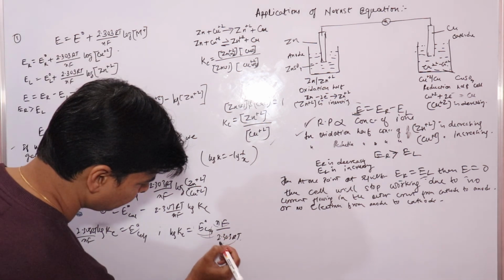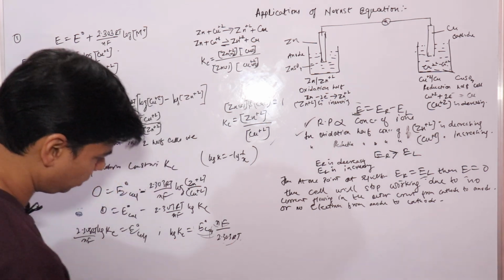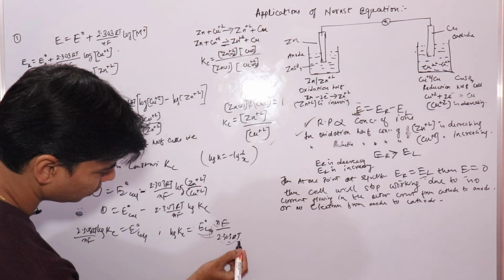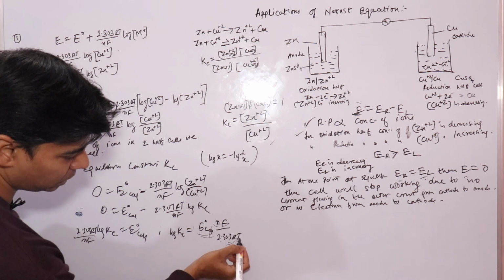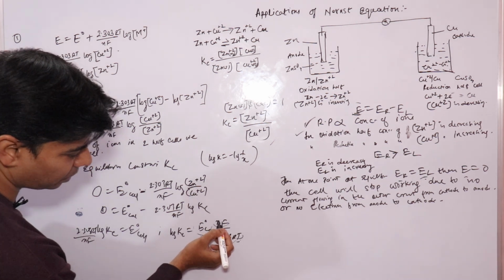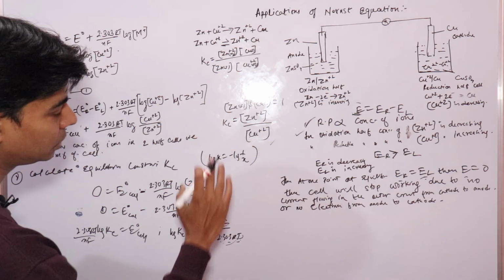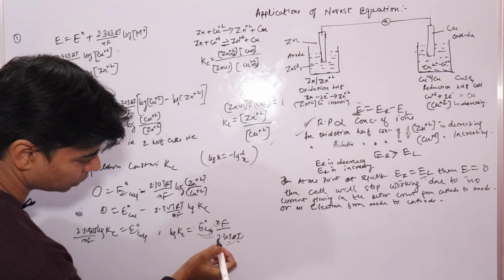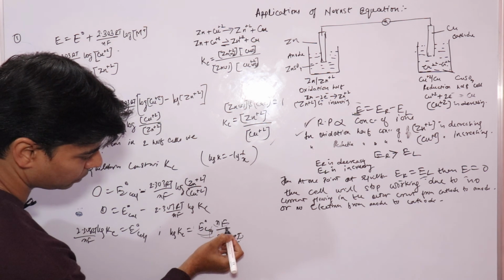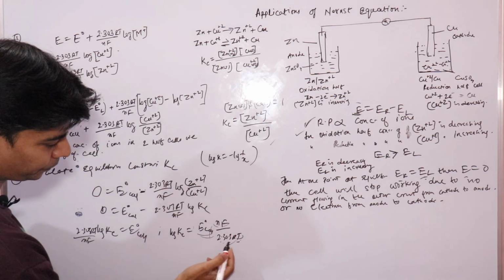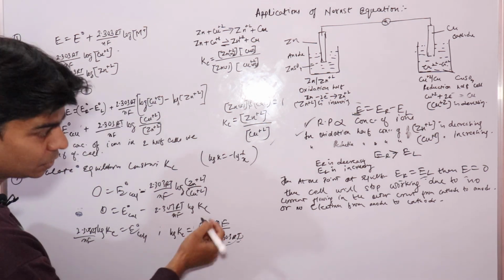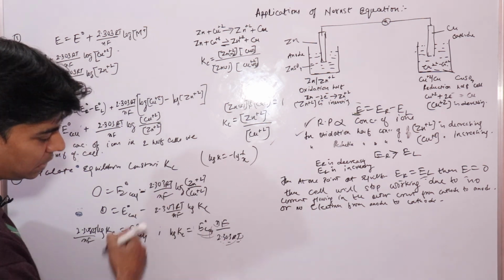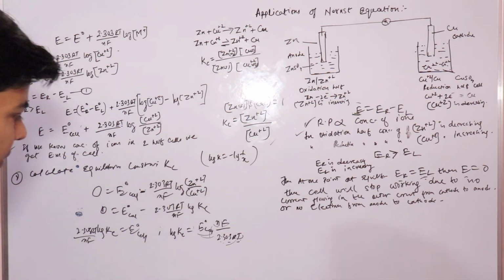So 2.303, R is the gas constant, T is temperature, N is the number of electrons involved in the reaction. So this N is not constant, F is constant, right? So the value of N you can get from the reaction, and this E is your standard EMF of the cell.